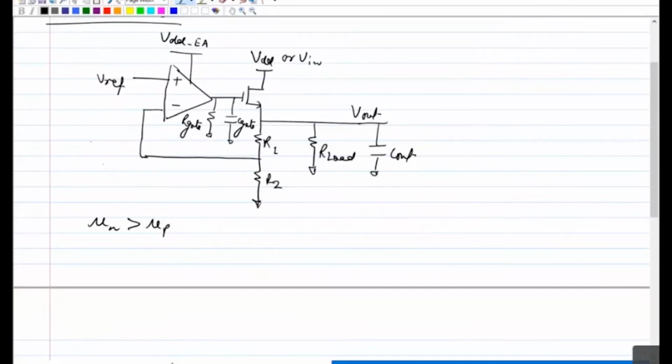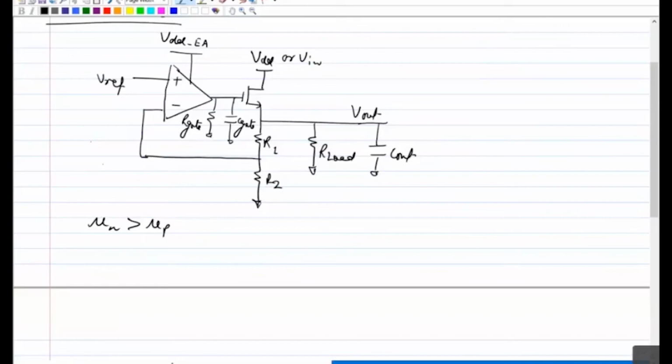Ideally your source follower has a gain of 1. So you hardly get any gain from the output stage, and that's why you cannot use the Miller effect here. The compensation capacitor you connect at the gate with respect to ground will be the actual cap required, so you will not get any multiplication factor. So the capacitor required may be large here, obviously, because you don't have any Miller effect.